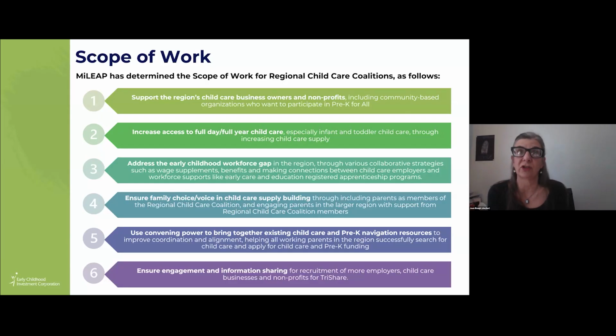And so we want to make sure that throughout the state, as public funds are being used to expand childcare supply, families are directly involved in helping to make the decisions about what supply is expanded and how funds are used, so that the supply that's developed is a match between family needs and preferences and the funding that's put forth.